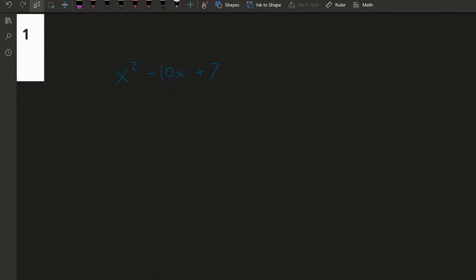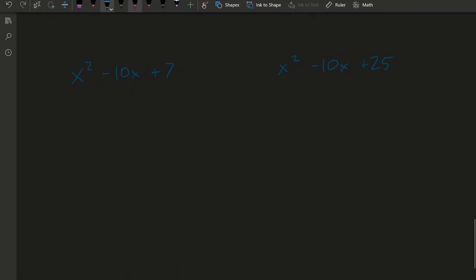I wish it did, because if I had x squared minus 10x plus 25, that would be a perfect square, because negative 10 right here is negative 5 times 2. So what I wish this number right here was is negative 5 squared, because that would make it a perfect square trinomial. I wish this was a 25, but it's not.